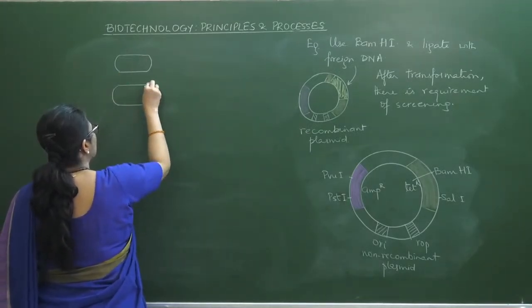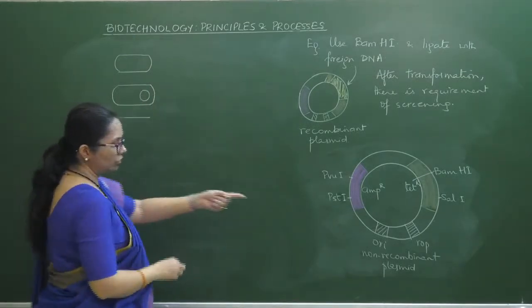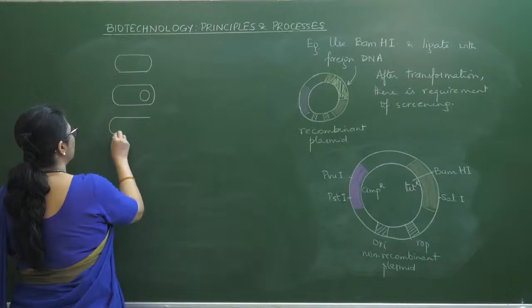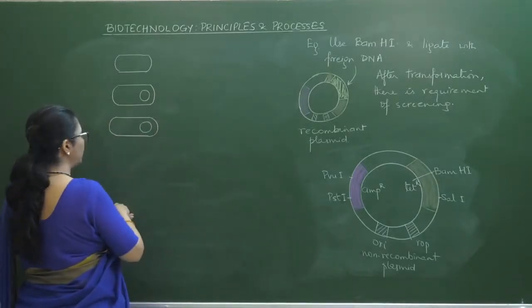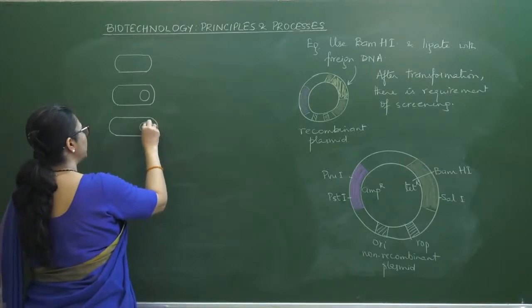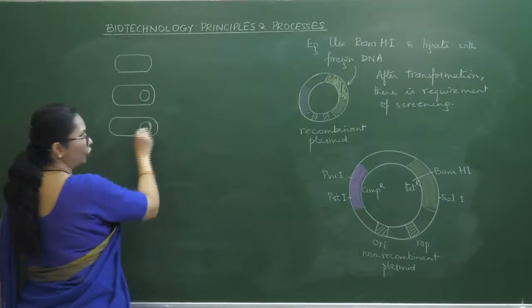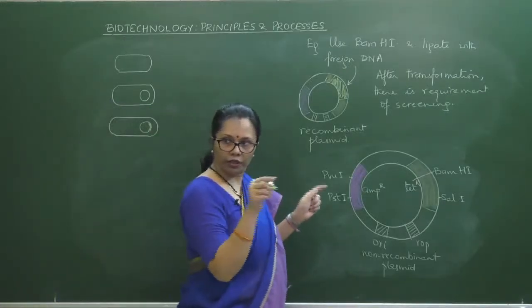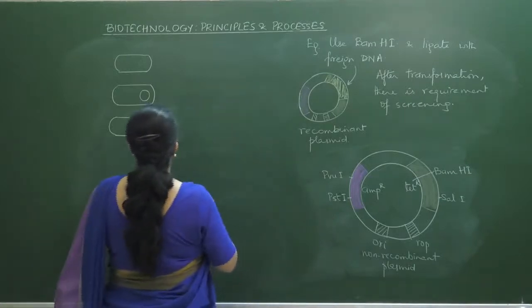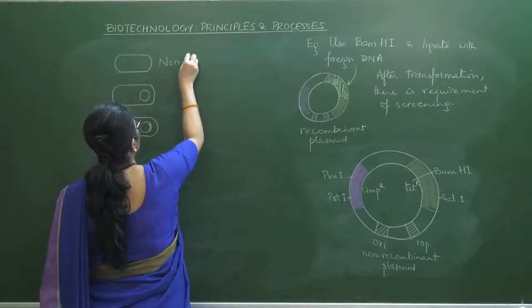Here plasmid did enter, but it is non-recombinant. And third one in which the plasmid entered and this plasmid is also having the gene of interest with it. I hope everybody can see this, right? Yes, it is visible.